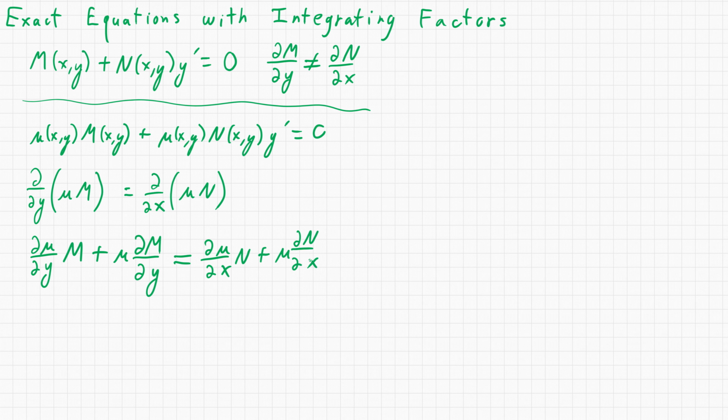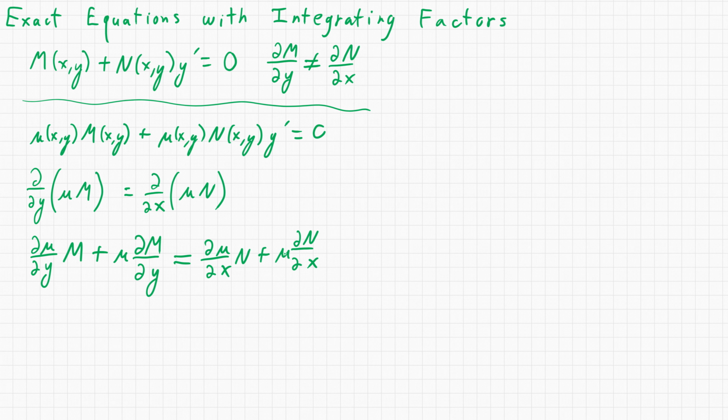partial x. We were given this differential equation in the beginning, so we know what M of x comma y and N of x comma y are. We know this piece, this piece, this piece, and this piece. We have no idea what mu is, and so this is actually an extremely difficult problem to solve.